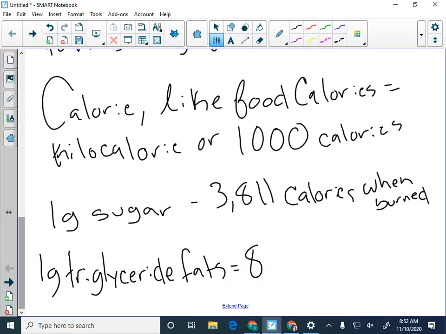Now, 1 gram of triglyceride fat, or a lipid, will give us 8,893 calories. I'm pointing this out because we're going to look at the amount of energy that is stored in different things.